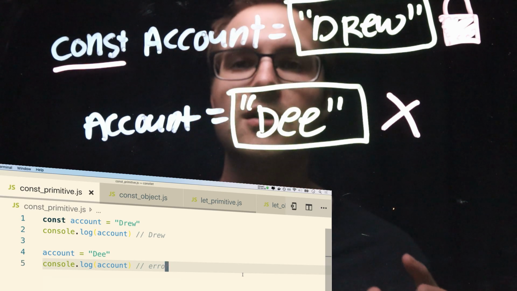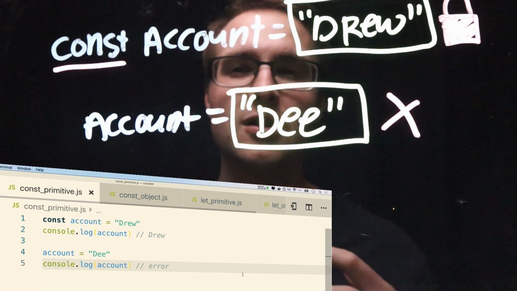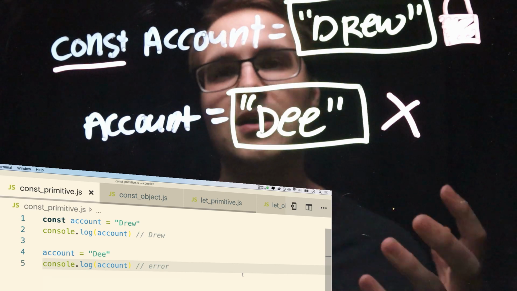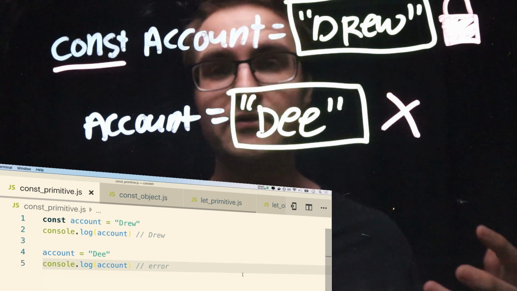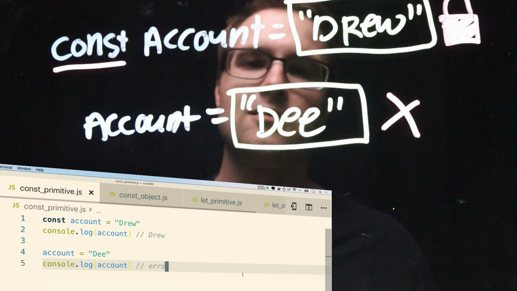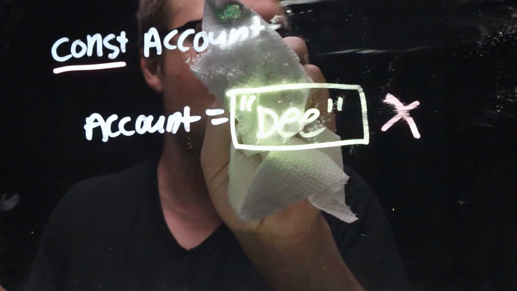Now we're going to look at const applied to a more complex object in JavaScript. We're going to look at a very simple object called an object literal. Let's clean this up.